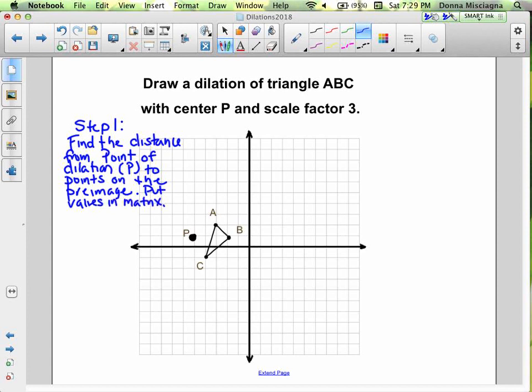All right, so from P here, you have to go 1, 2. Oh, let me add one last thing. Direction. If you go right or up, that's going to be positive.